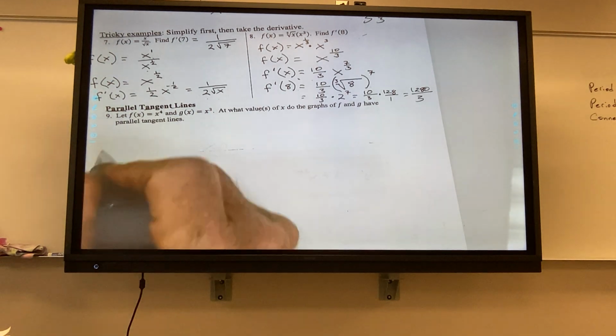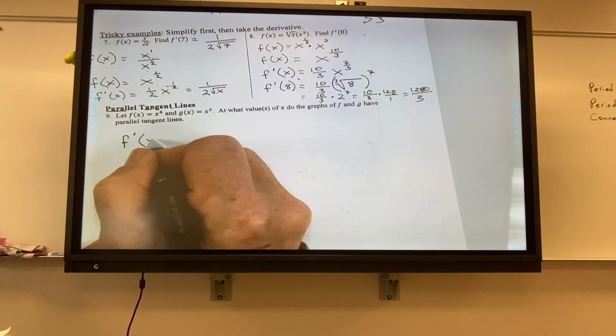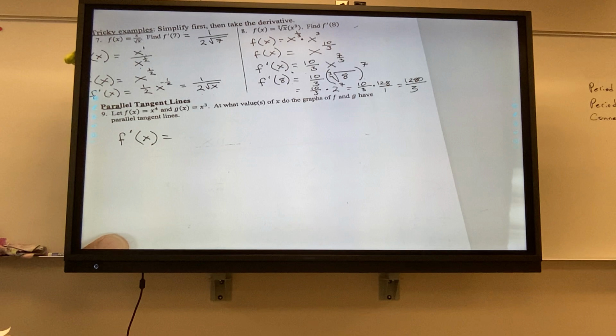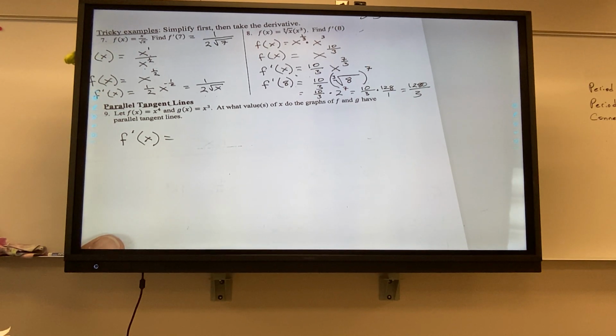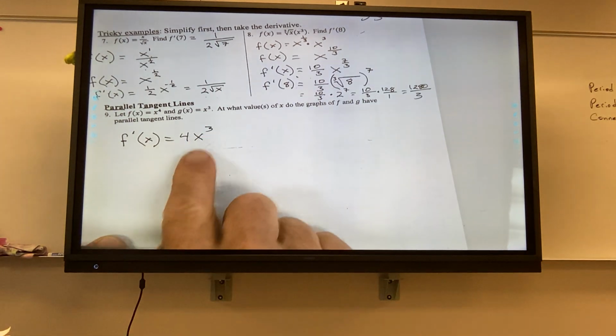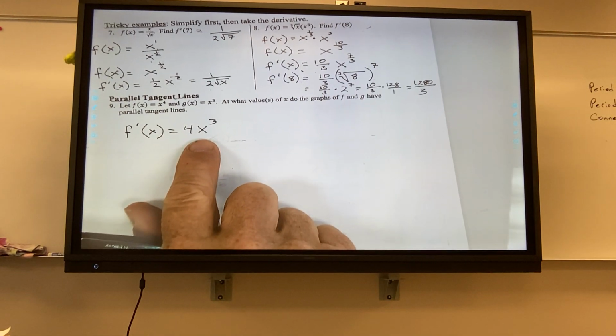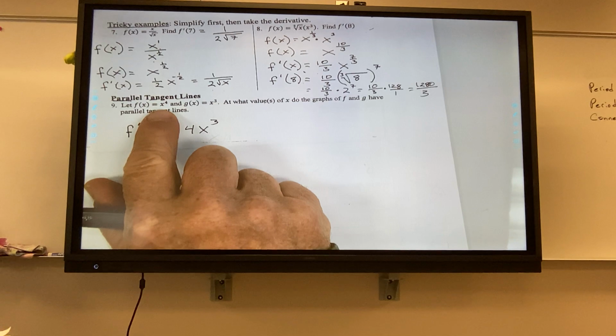No. Can you tell me its derivative? Yeah. It'll be 4x to the 3rd. What does that give me? That gives me the slope of the tangent line at any value on x to the 4th, correct? Any of them.